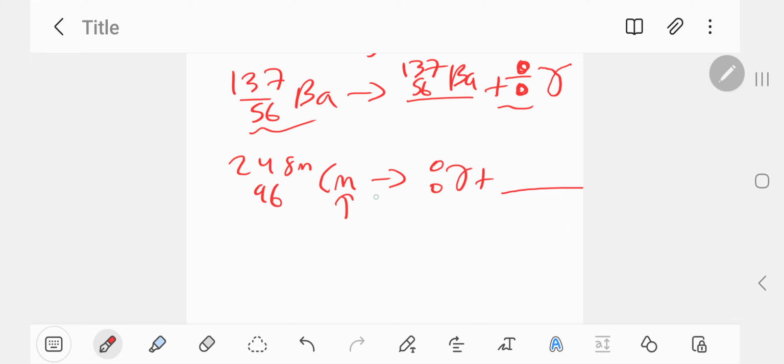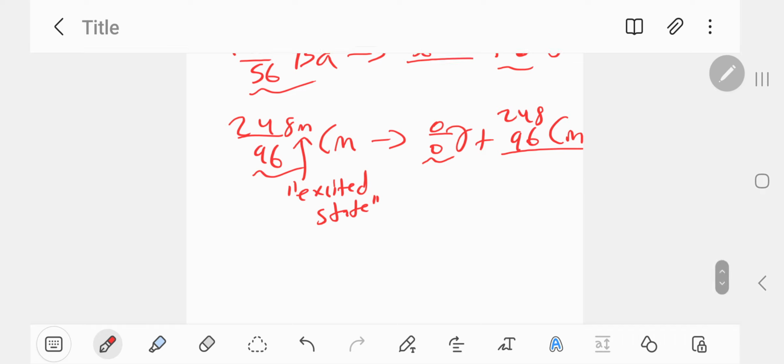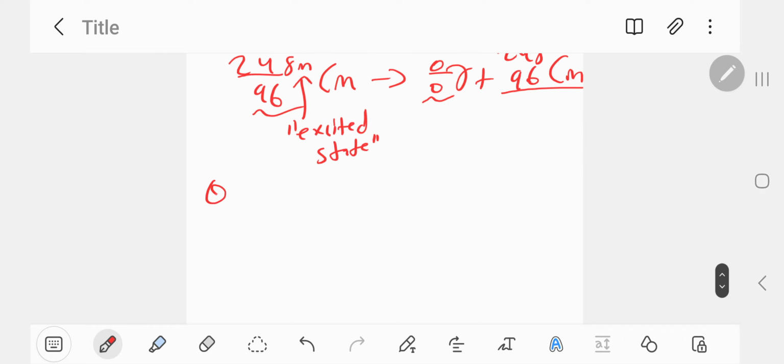So this M here means excited state. It's in an excited state, this curium nucleus. What does it decay into? Well, as before, 0 plus something is 248. It's 248. 0 plus something is 96. It's 96. So we get back curium. And I'll give you some questions to do.